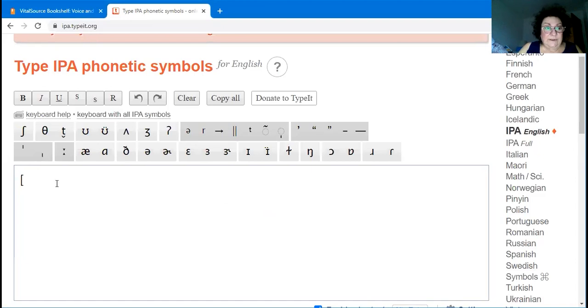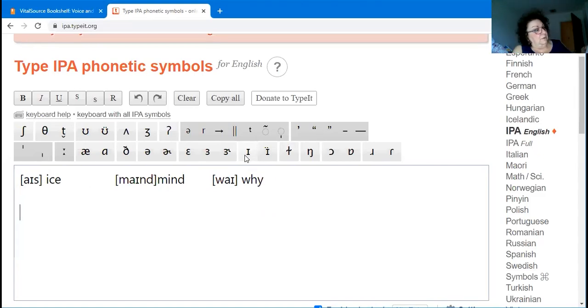We have typewriter A, ice, and then we have mind, and then we have Y. All right, so now I'm going to go to page 184, and I'm going to have more I in initial position.